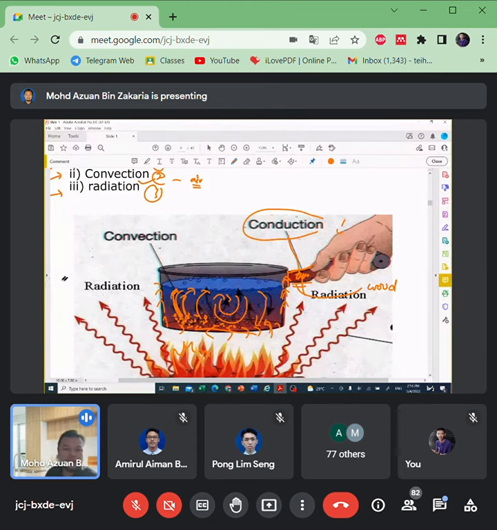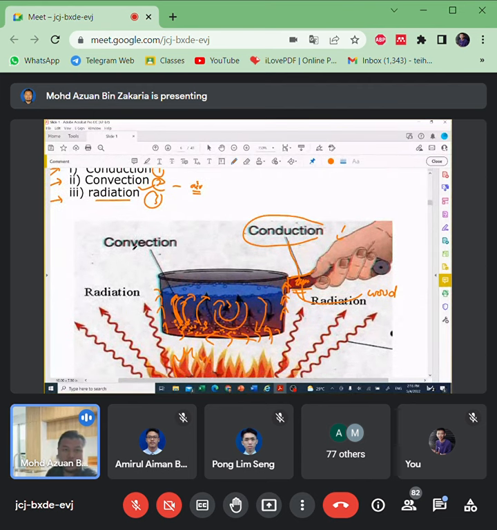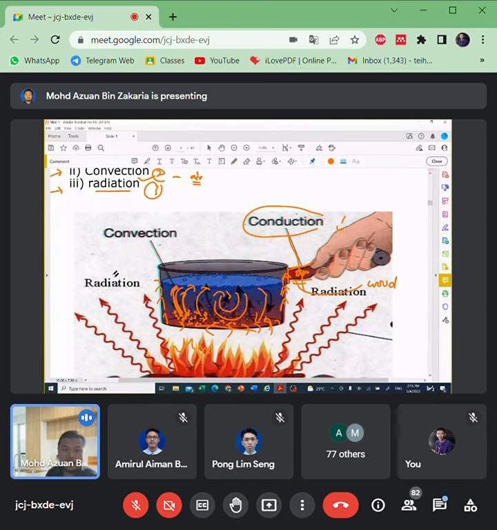Last but not least is radiation. How heat is transferred by radiation is through the electromagnetic wave from the fire. So the fire has light, okay? Light radiation.